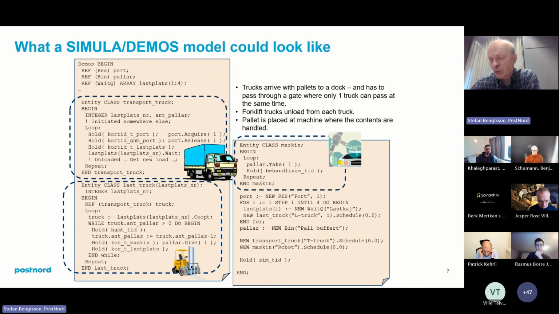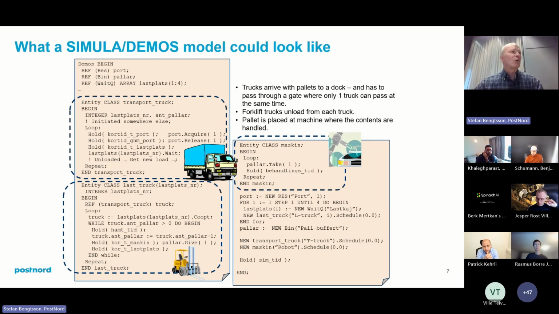So that way we have inhabited the model with a number of objects or agents or entities, call it whatever you like. And then we just told the model, create a number of this type, create another number of this type, start the simulation time, see what happens.